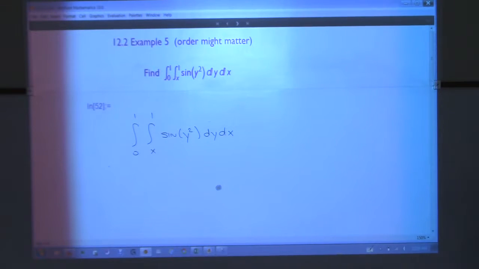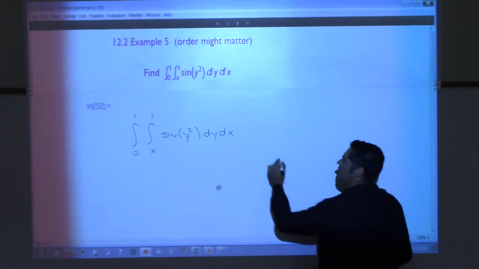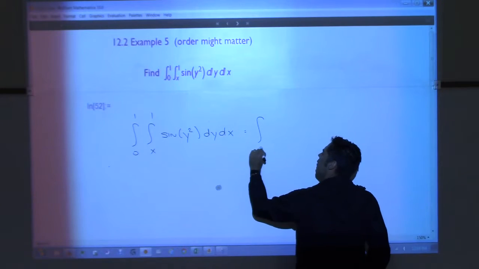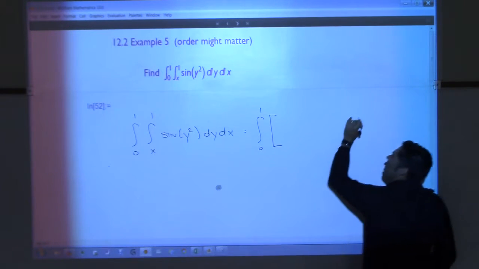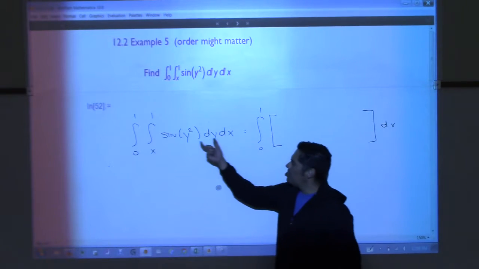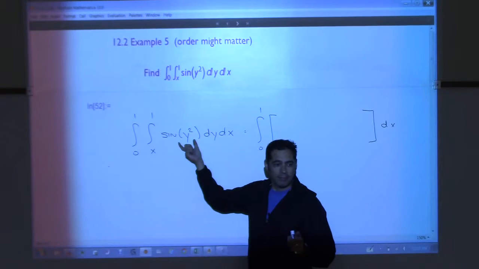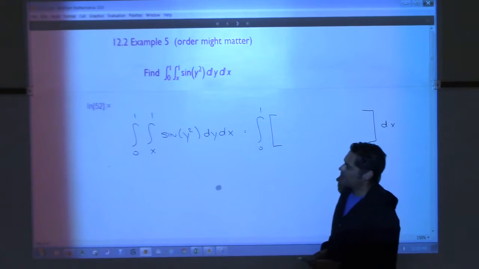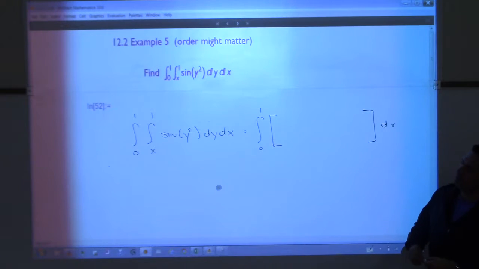What's the antiderivative of sine of y squared? That's the first part we have to do, right? Integral 0 to 1. We're going to take that antiderivative. We're going to go dx, right? So antiderivative of this. Negative cosine y squared. Negative 1/2 cosine, negative 2y.